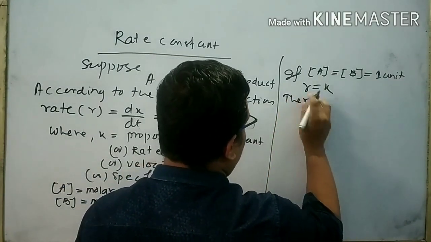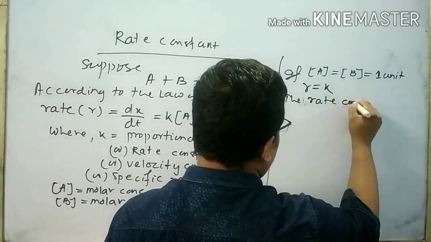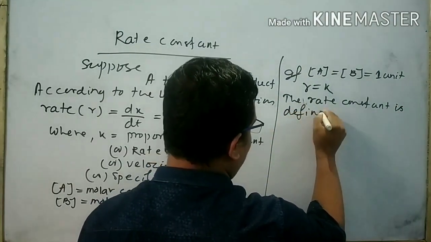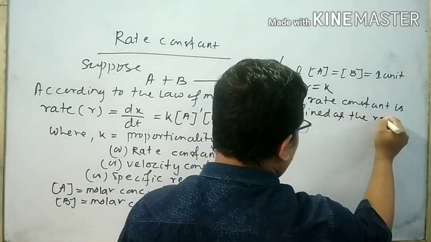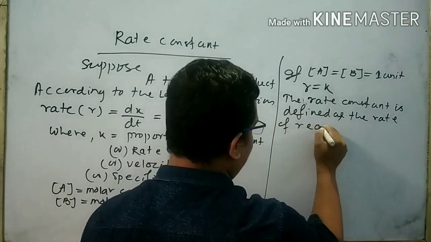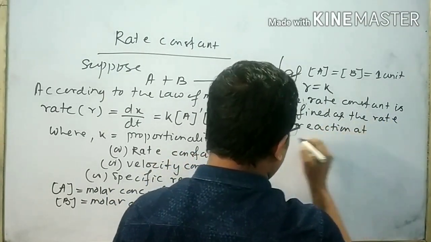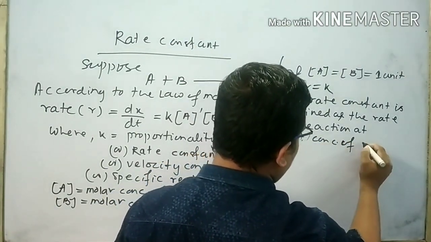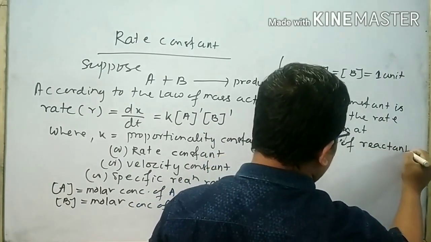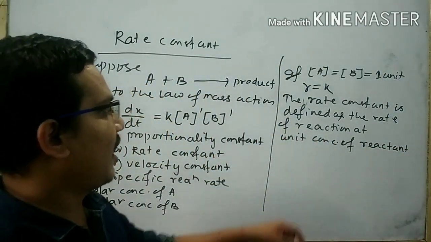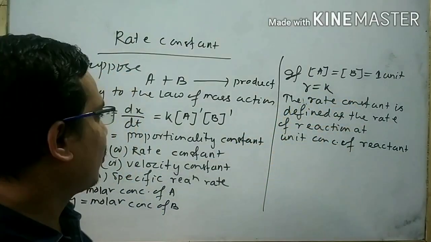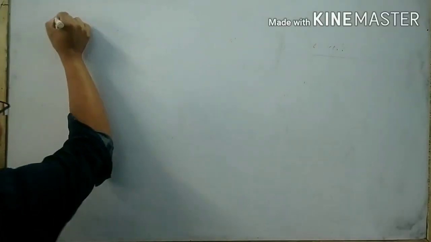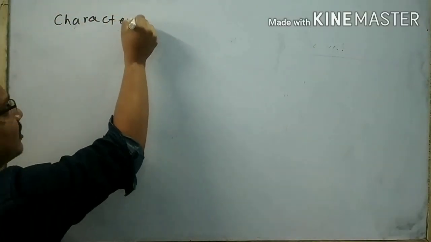The rate constant is defined as the rate of reaction at unit concentration of reactant. That means the rate of reaction is equal to the rate constant when the concentration of the reactant is unit.